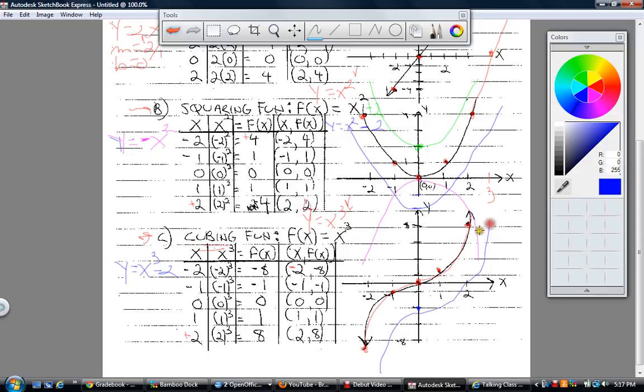If I pick y equals x cubed plus 2, the whole propeller moves up 2 units, and it would go approximately like that. In My Math Lab, I think they're going to ask you to just pick multiple choice answers here. When we get to chapter 9, we'll be doing more graphing of squaring functions. We do a little bit of cubing in this course, but not a whole lot. You'll see more of it in 143.